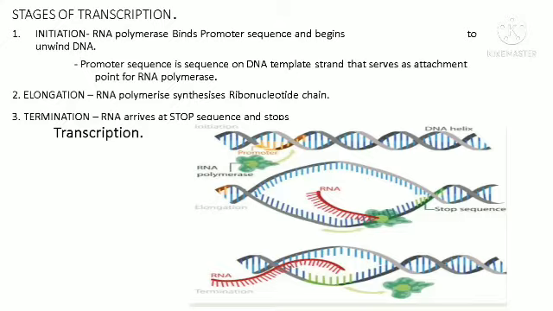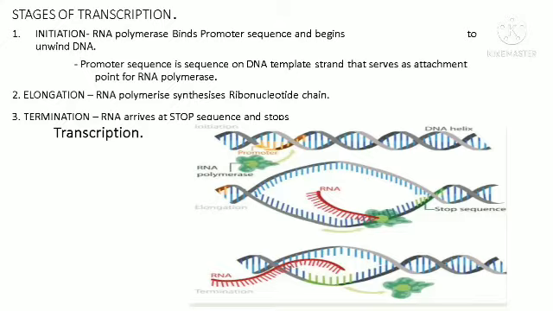Once it's bound, it will begin to unwind the DNA, forming what is known as a transcription bubble. Once it unwinds, the RNA polymerase will then move along the template strand, synthesizing an RNA strand, all the way until it reaches another sequence known as a stop sequence.